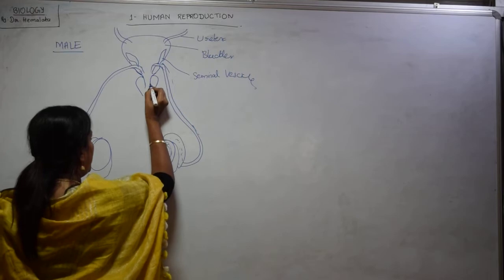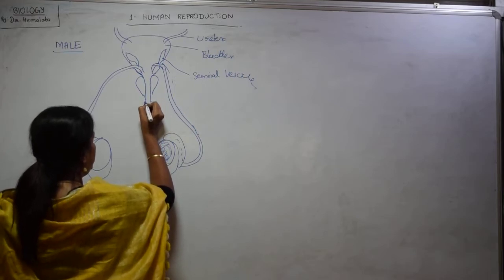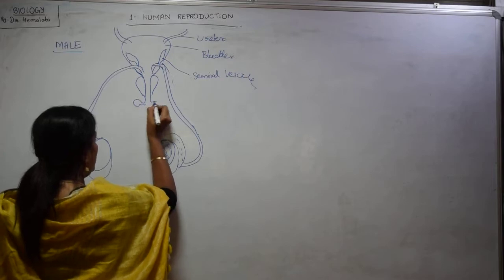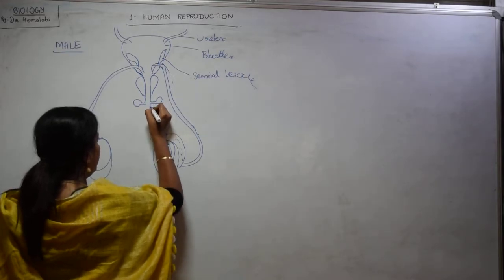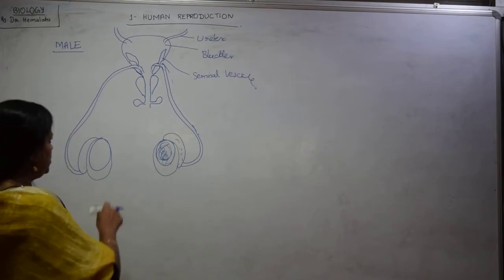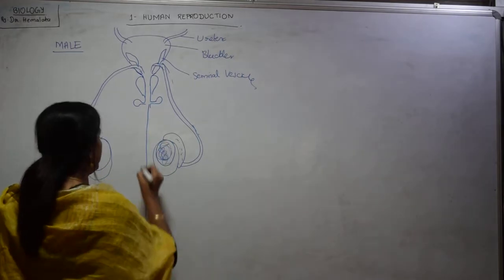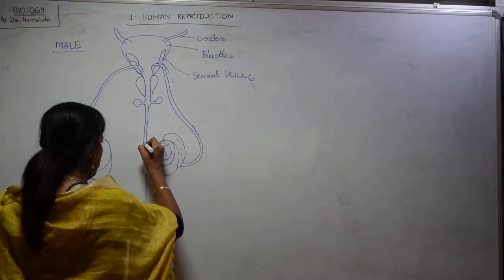This is the bigger gland, which we call the prostate gland. Then it will enter the two smaller glands on either side. These are called the bulbourethral glands or Cowper's glands. Then they continue in the form of the urethra. This is the urethra, I am drawing the urethra.